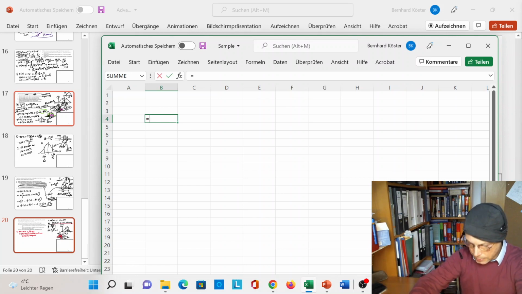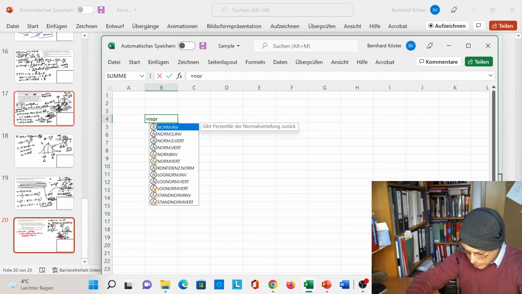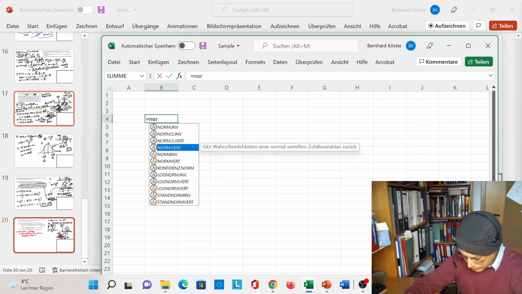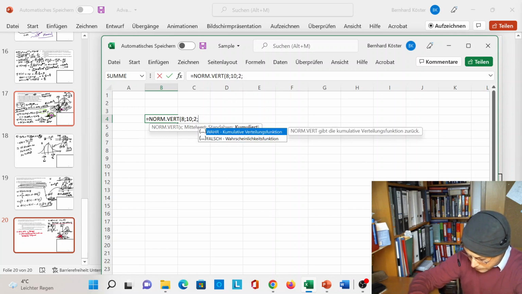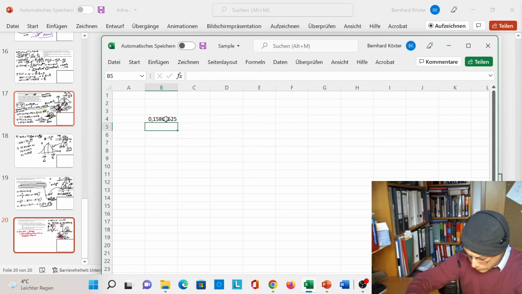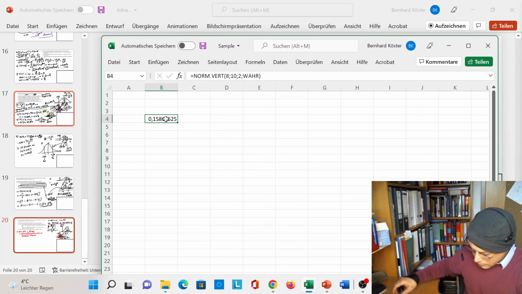We need equals normally word, and now we can say it's 8 semicolon 10 standard deviation 2 and cumulated is true in German var, and this should end up with, now we get the other way around.